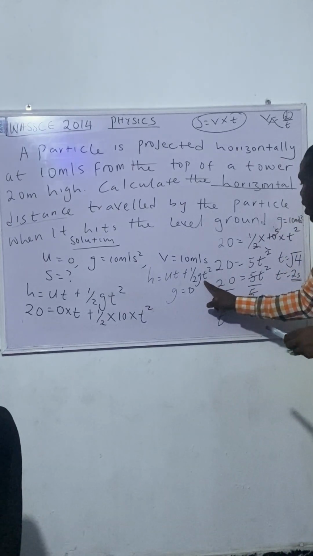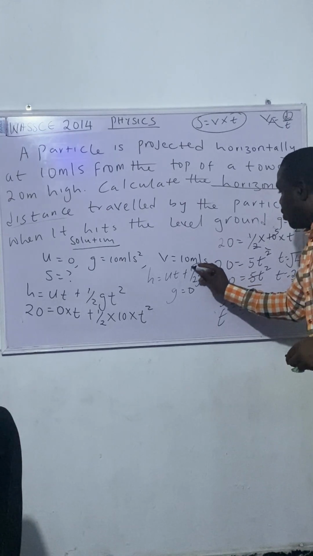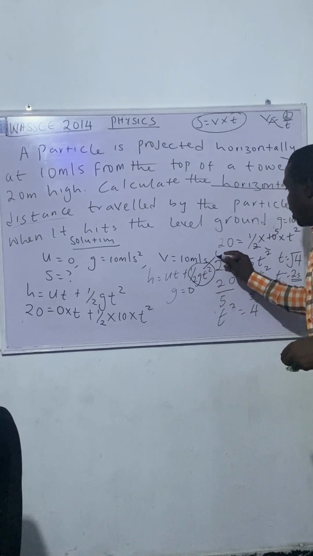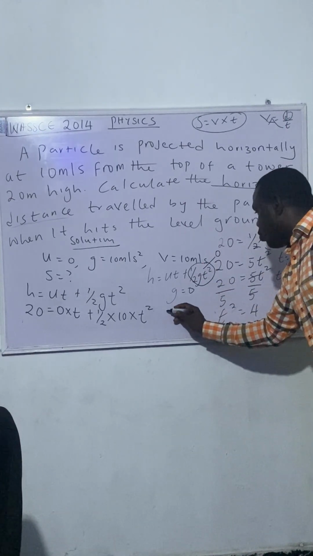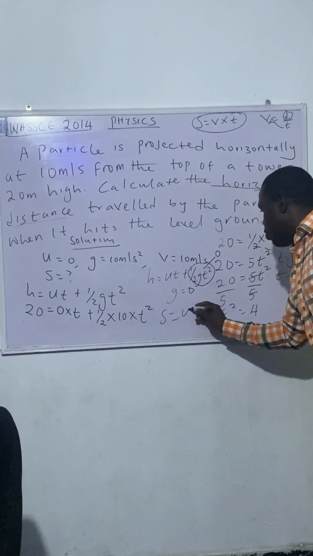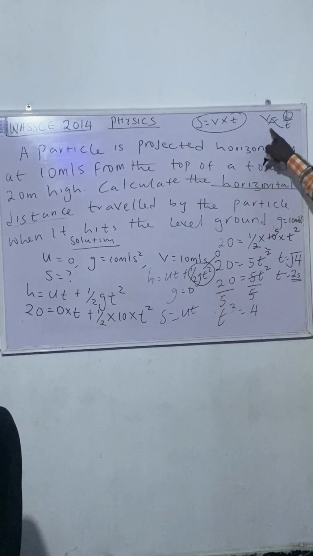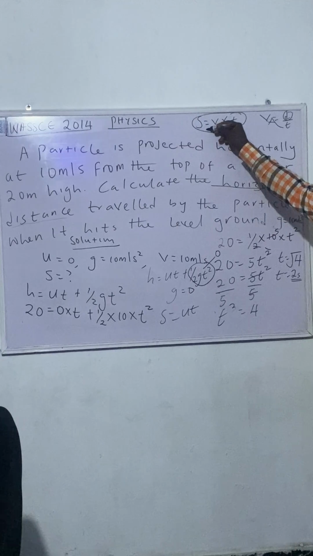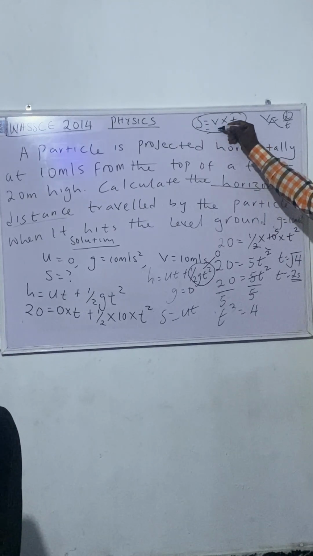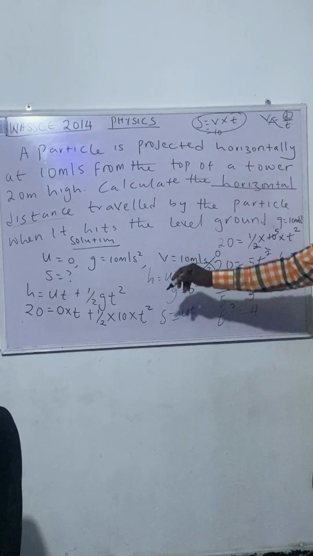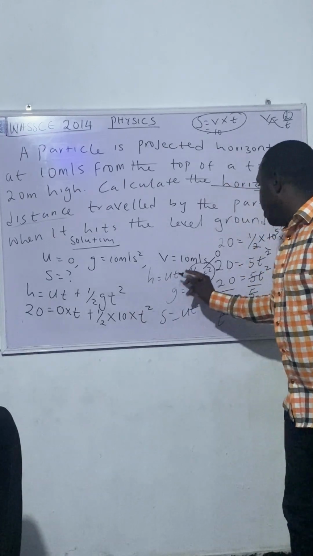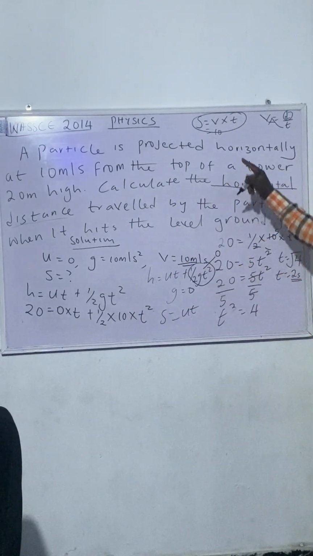And if my g is 0, automatically everything around the g here is 0. So I'm left with x equals ut. That comes back to what I was saying. So the velocity is 10. I wrote it down at the beginning. See it here. And then the time.